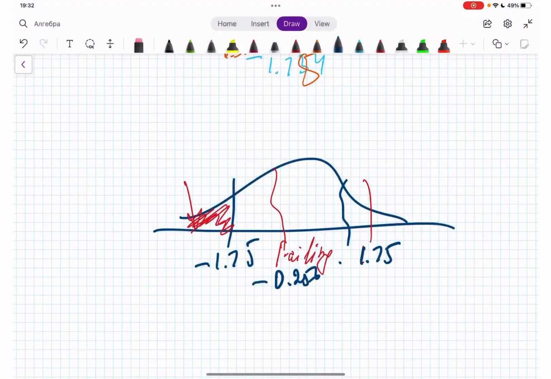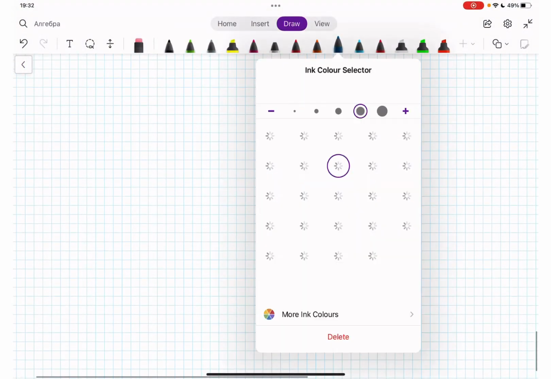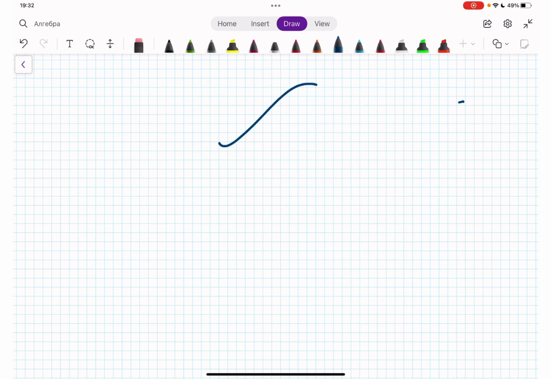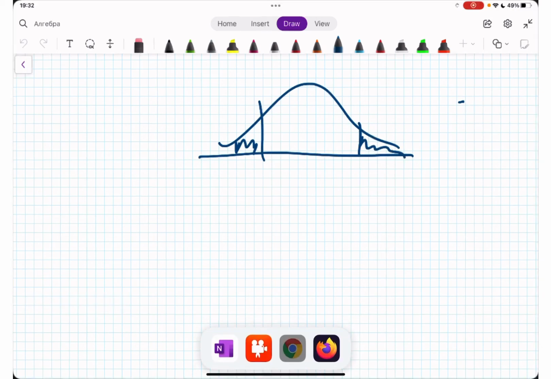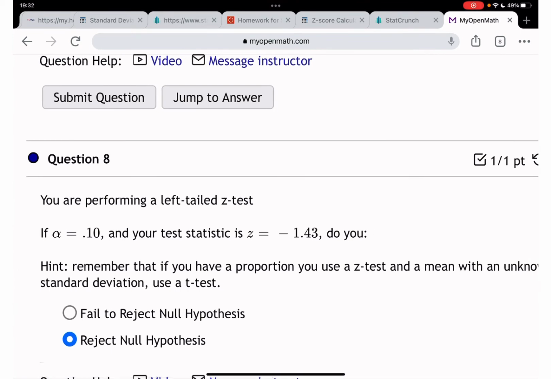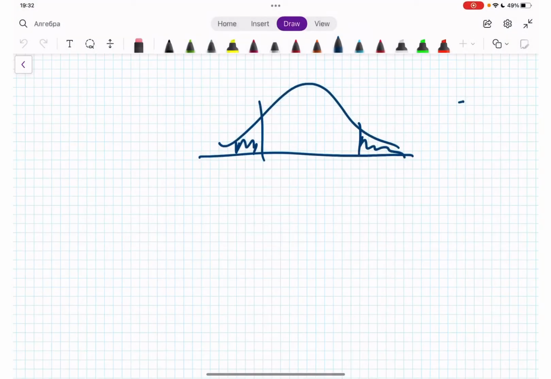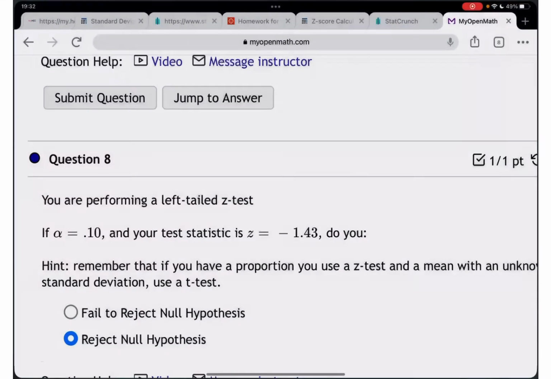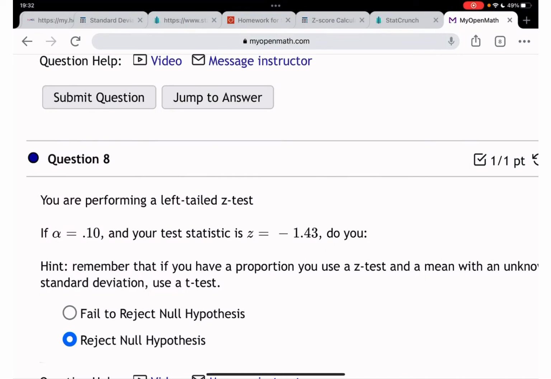Alpha is our percentage, this tail, that's the rejection area. So alpha equals 0.1, which means 10%.